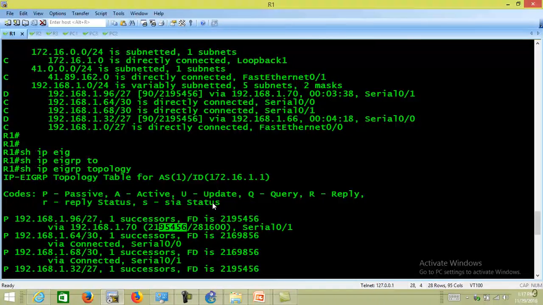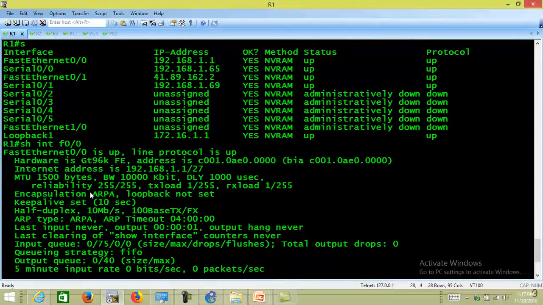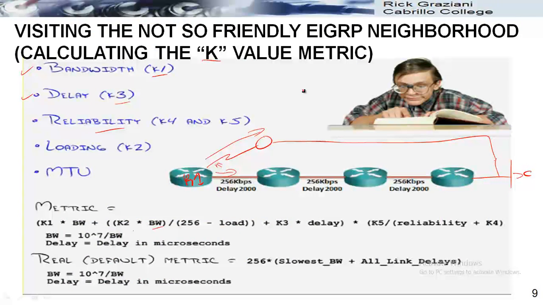When you look at the interface, you can see the loading and the reliability. 255 out of 255 means it's a stable link, it's not flapping, not going up and down. Although Cisco recommends not to interfere with those, because that will create an unstable network.